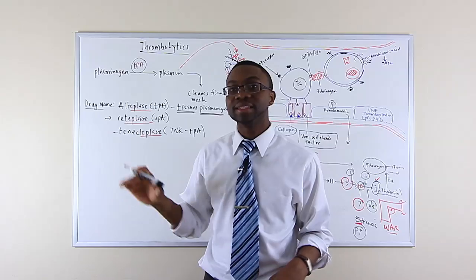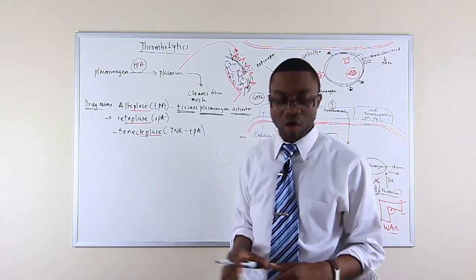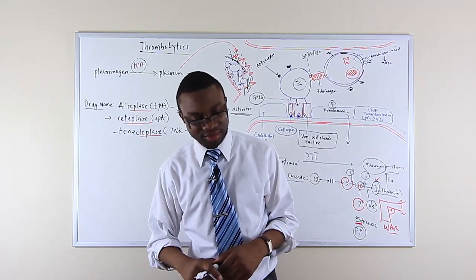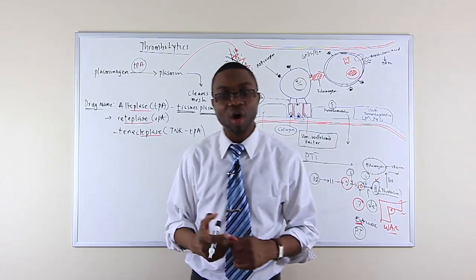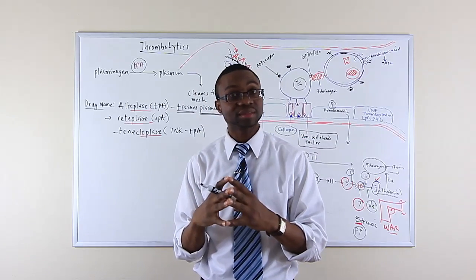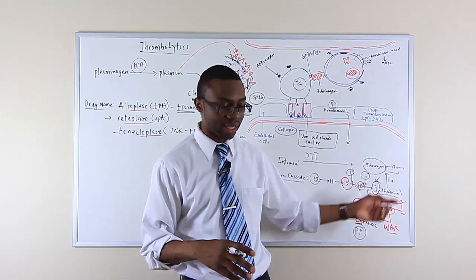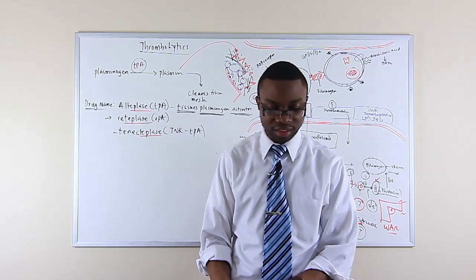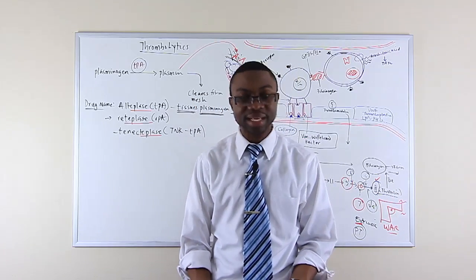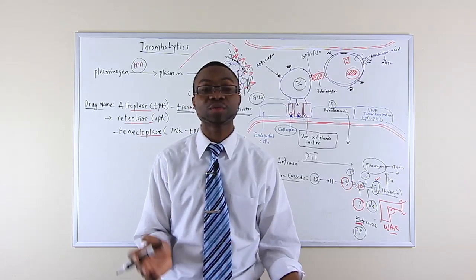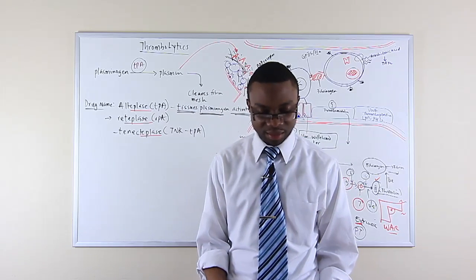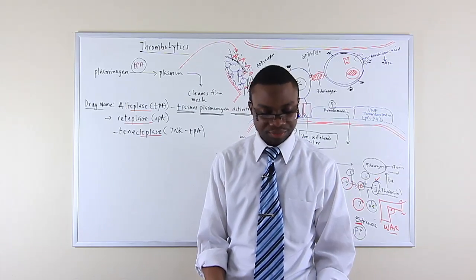Now, this drug also has a direct or indirect effect and also cleaves thrombin. All right? It cleaves thrombin. Thrombin is that factor 2A that I told you about earlier on. And once it cleaves thrombin, we can't have activation of fibrinogen anymore. Okay?